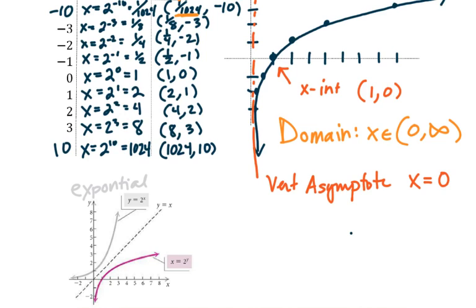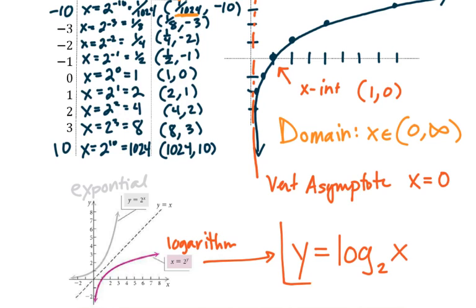This is my logarithm, and it's a logarithm in exponential form. So we don't know a lot about logarithms yet, but we'll be talking about them soon. Essentially, what this graph represents is y equals log base 2 of x. So this is a logarithm, and this is what a logarithmic graph looks like.